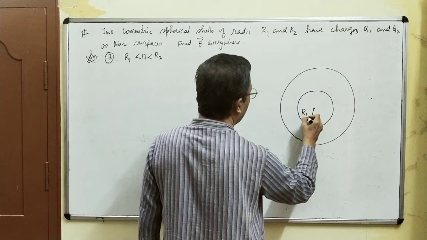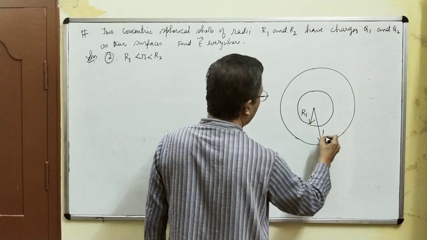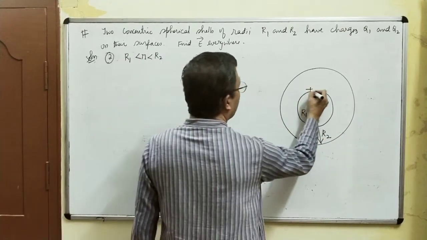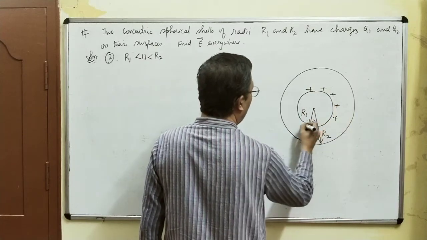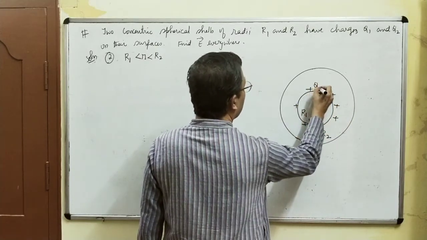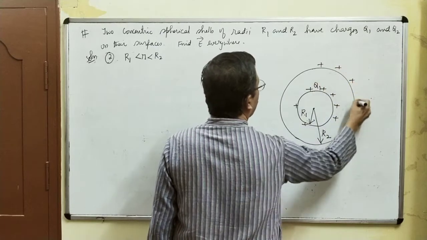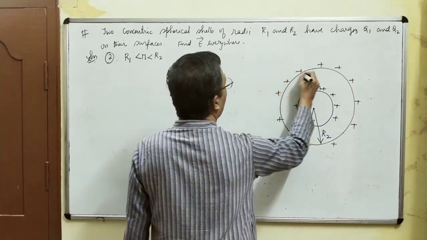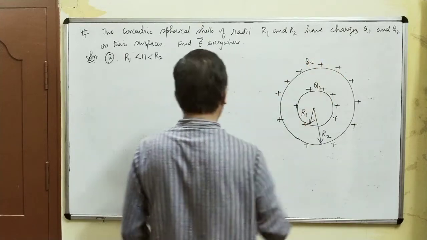Inner spherical shell has radius R1, outer one has radius R2. The total charge on the surface of the inner shell is Q1. Total charge residing on the surface of the outer spherical shell is Q2.